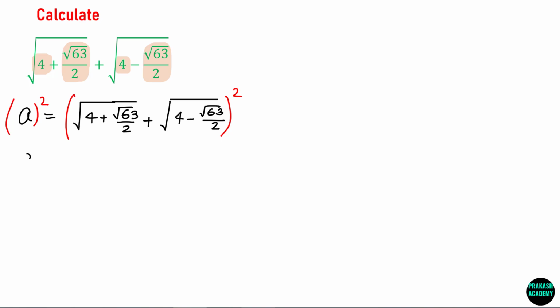So this will simply become A square, and this is nothing but A plus B whole square. So if you remember, A plus B whole square is equal to A square plus B square plus 2AB. So let us apply this formula.